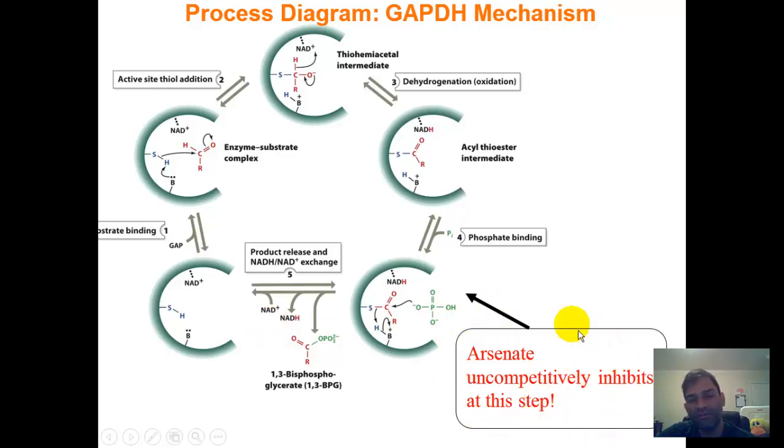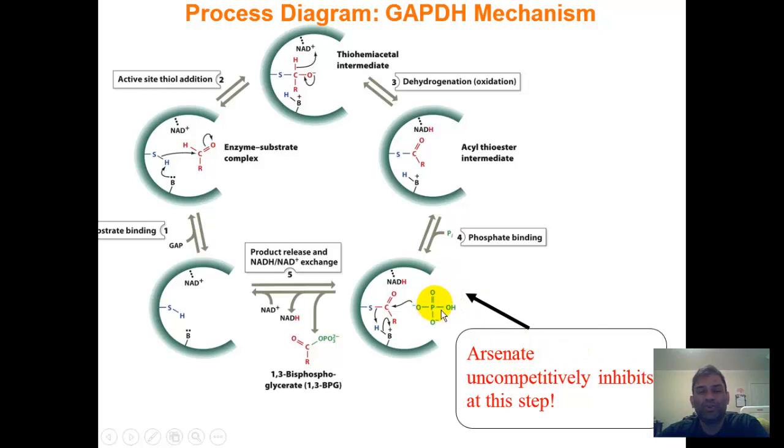And hopefully we remember this from our inhibition lectures on competitive and non-competitive inhibition. Arsenate will uncompetitively inhibit this step. Remember, arsenate causes a lot of pustules in our fingers and toes, the extremities, and arsenate is specifically found in a lot of contaminated drinking water.